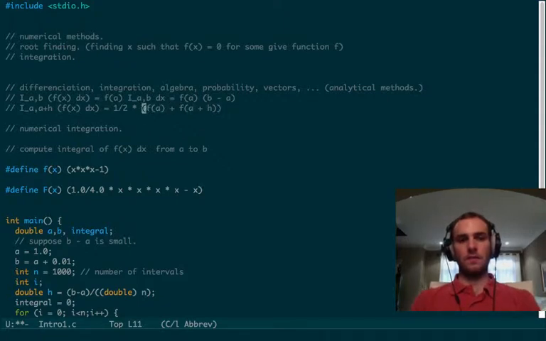So that's times h. So I was looking for that formula, all right? So that's the geometrical interpretation.